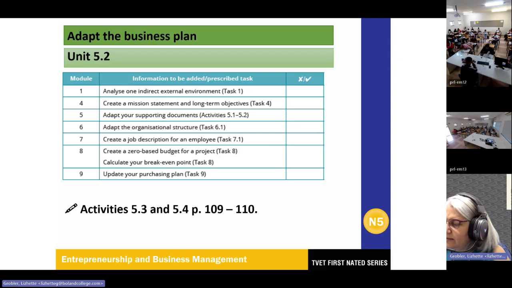Then the key skills and responsibilities of staff, the organizational organogram of the business, so the structure, also contracts of employment, the floor layout of the business, and then suppliers and applicable legislation or rules and regulations.